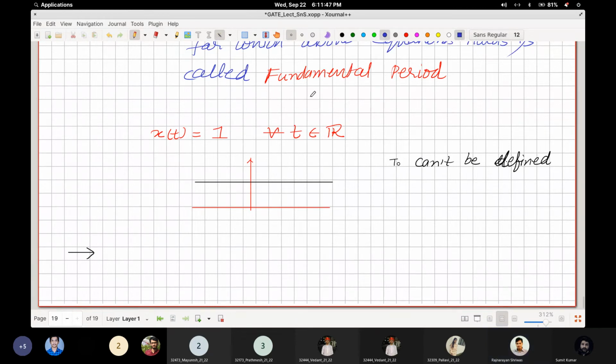Okay, it's important concept here, that a periodic signal must exist from minus infinity to plus infinity.